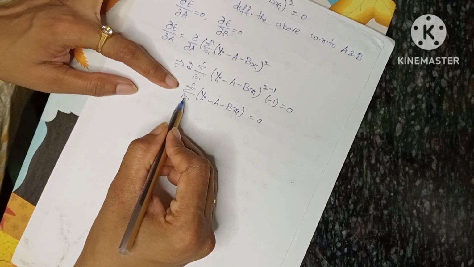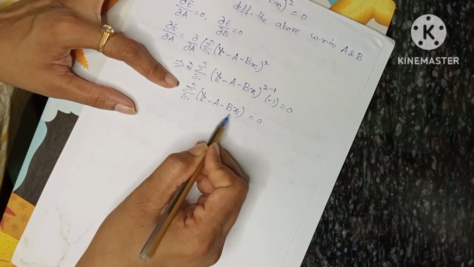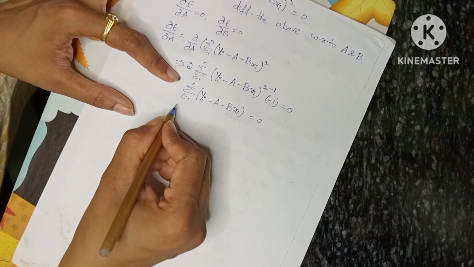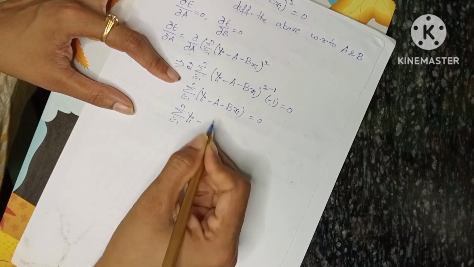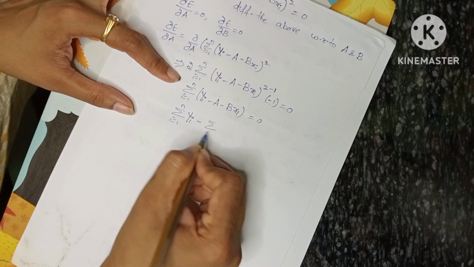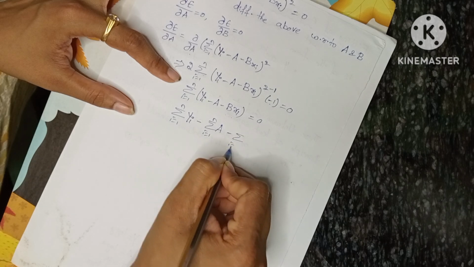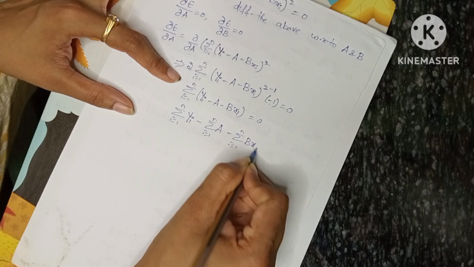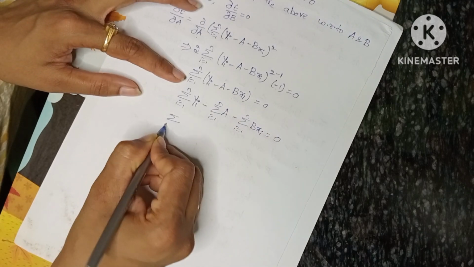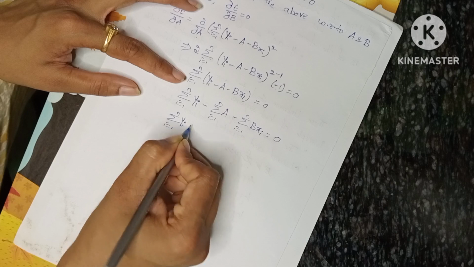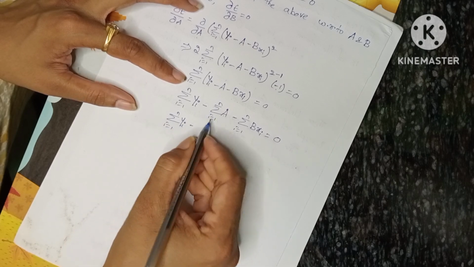Now we have to apply this summation to all these terms. So summation i equals 1 to n yi minus summation i equals 1 to n a minus summation i equals 1 to n b xi equals what? 0. Now summation yi minus a, this is constant, no? We have to write it in front of the summation.